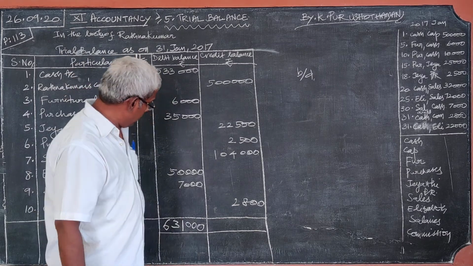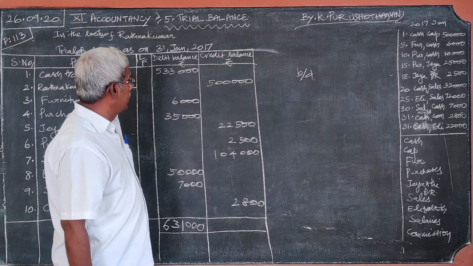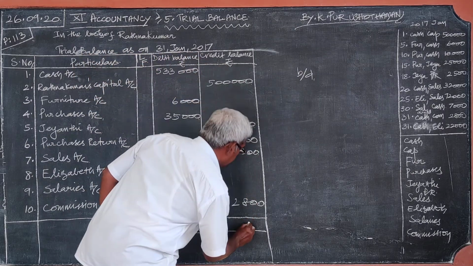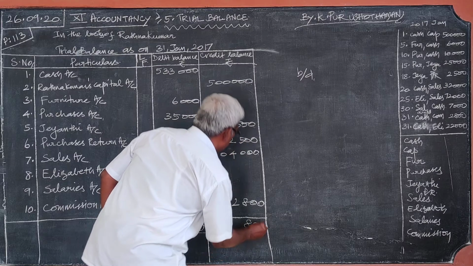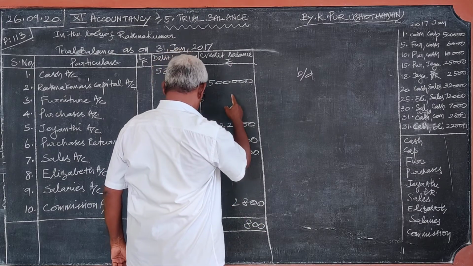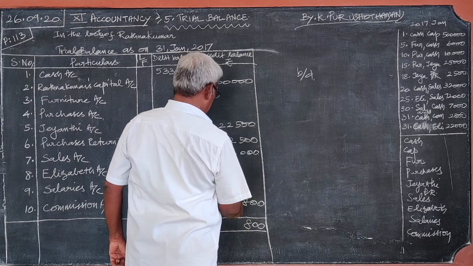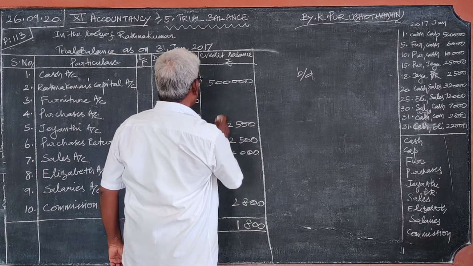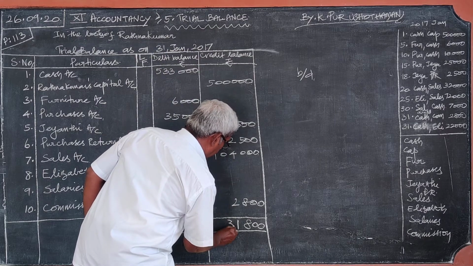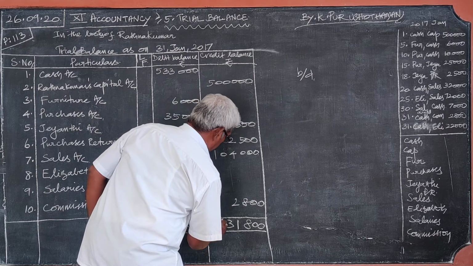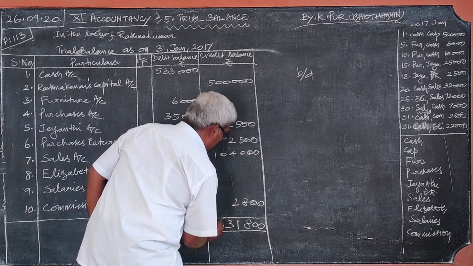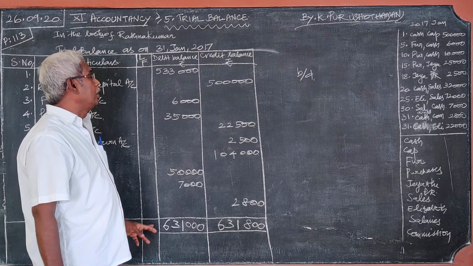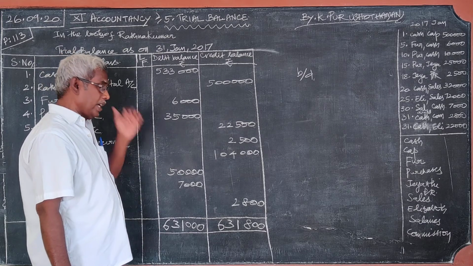6,31,000. Then this is 800. 6,31,800. Both side totals must be equal.